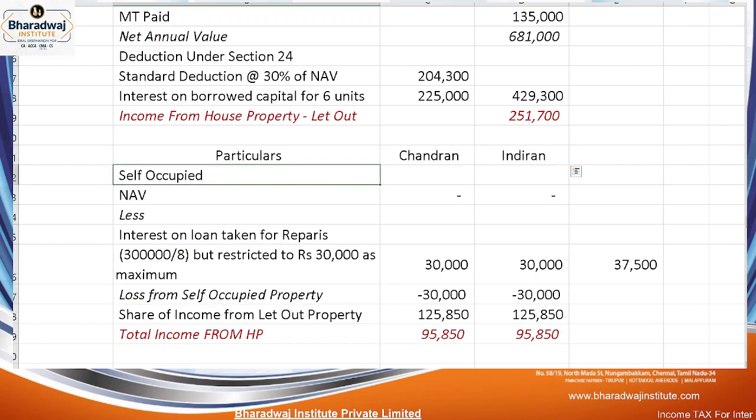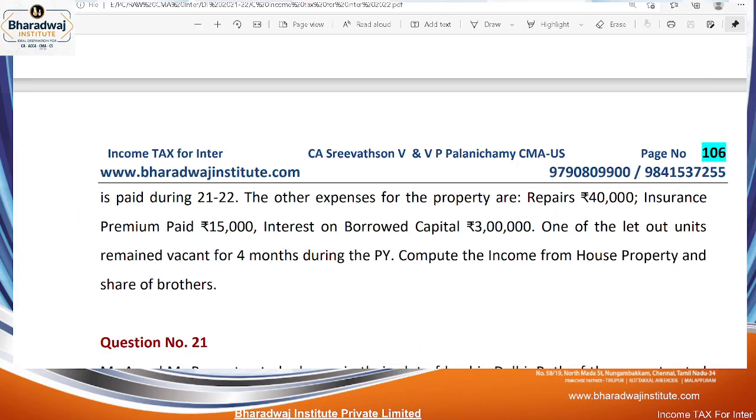Indran and Chandran, NAV of the self-occupied property is 0. Interest on loan taken for repairs, 3 lakhs by 8, comes to 37,500.